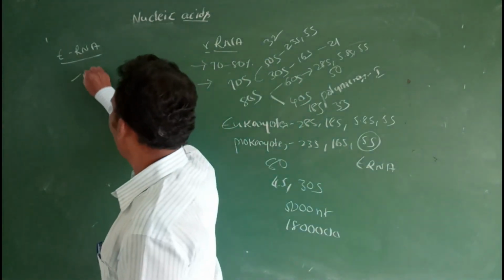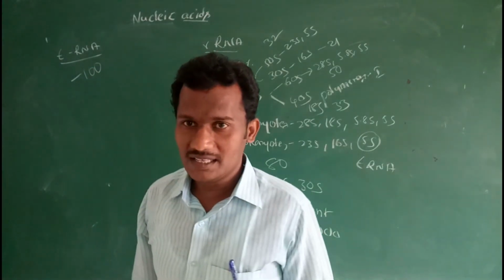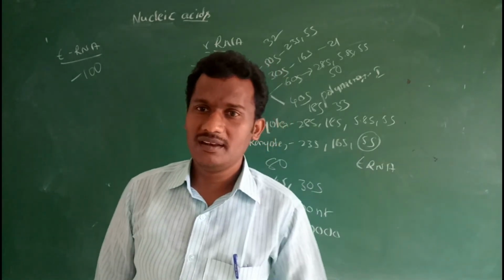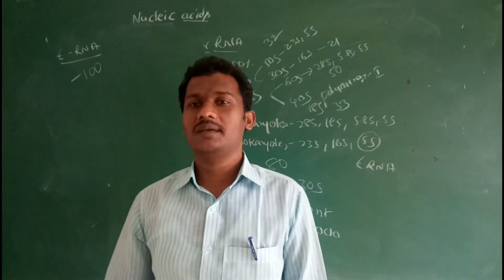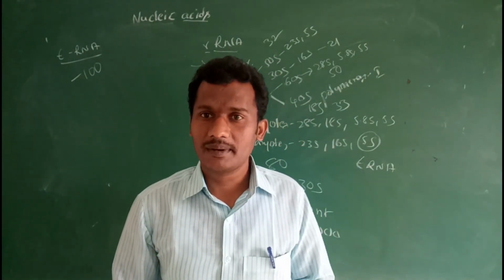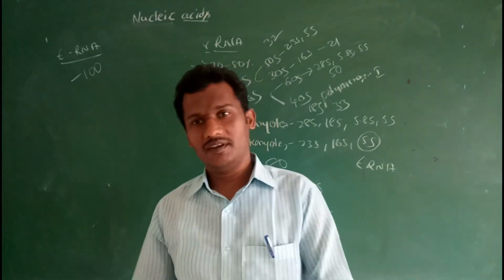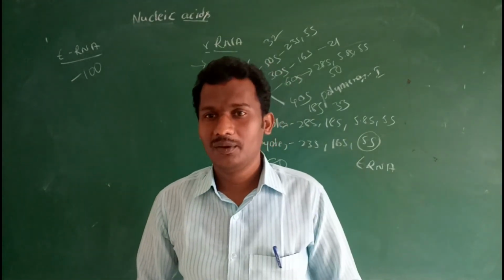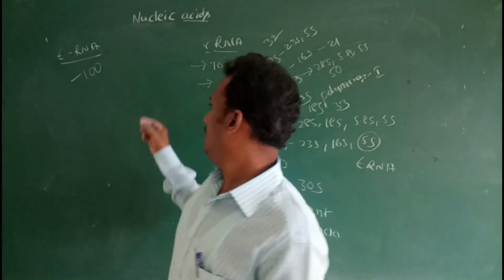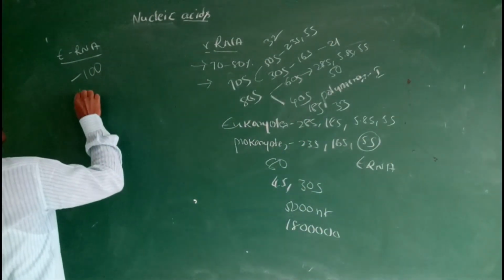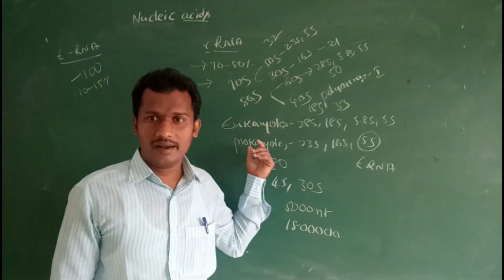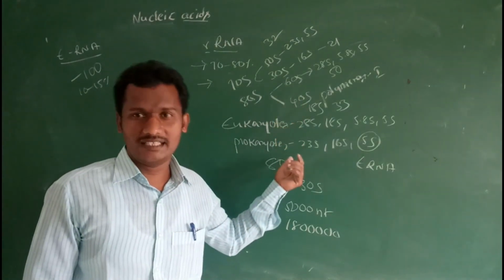More than 100 types of tRNAs are present. 20 different types of amino acids participate in protein synthesis, and for these 20 amino acids, 20 different types of tRNAs are present. Maybe 2 or 3 types of tRNAs bring the same amino acid. tRNA is approximately 10 to 15% of total RNA, while the most abundant is rRNA, 70 to 80%.